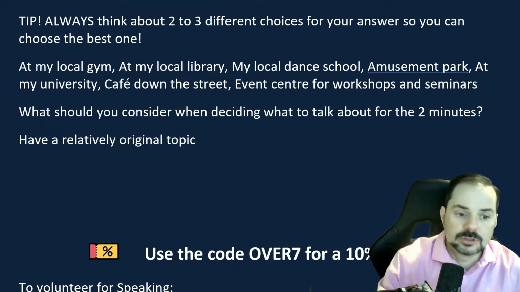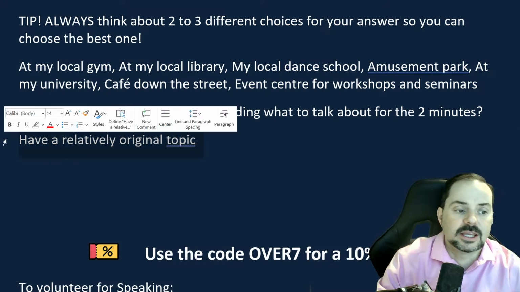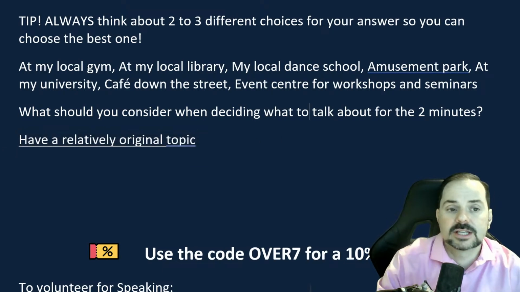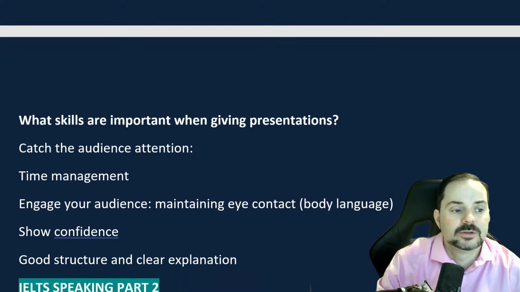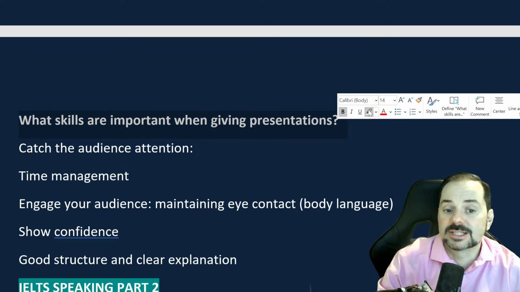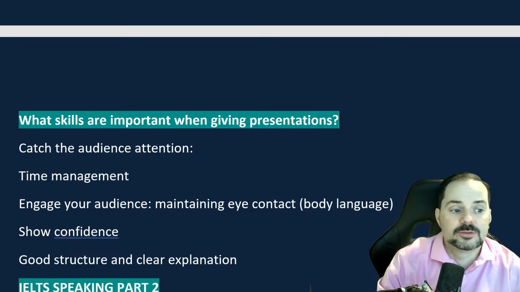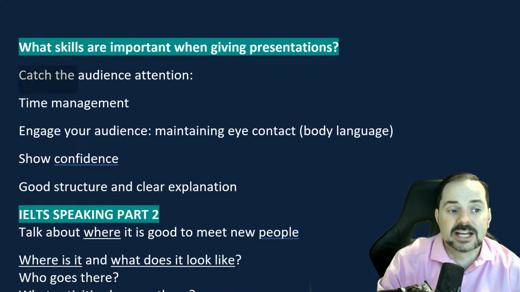Okay, absolutely. So this is key to having a good presentation, right? As I believe it was Romelia that said it first when we asked the question, what skills are important when you're giving a presentation? Romelia says you need to catch the audience's attention.